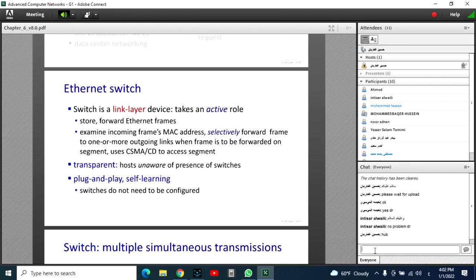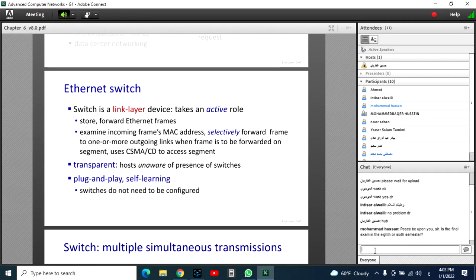It will receive Ethernet frames, and the switch can check them and forward them to other ports. In those frames, we have MAC addresses. So the switch is capable to send those frames.